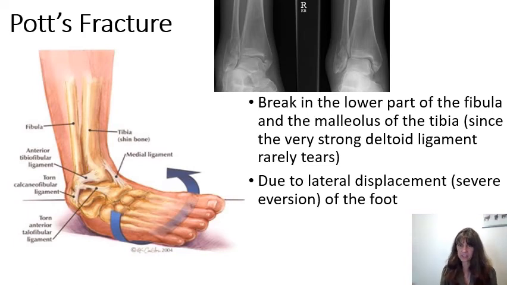A Pott's fracture is a colloquial term for a fracture of the distal fibula and the distal portion, or medial malleolus, of the tibia. Because the deltoid ligament is very strong, it rarely tears, and it's more likely that those portions of bone will fracture. Usually Pott's fractures are due to severe abduction and eversive forces of the ankle.